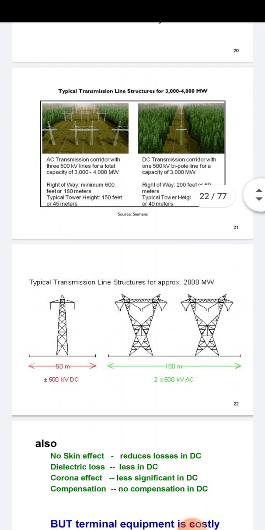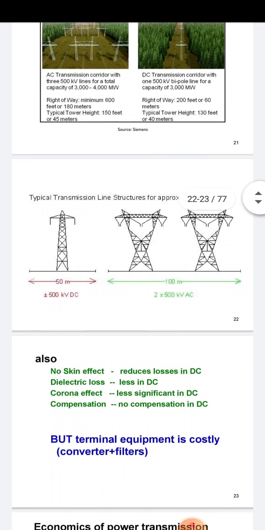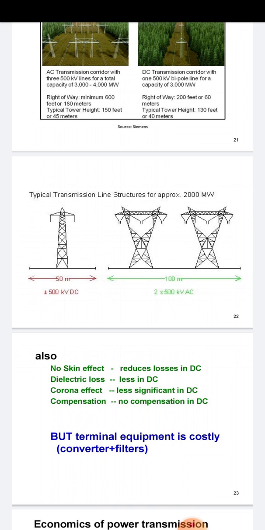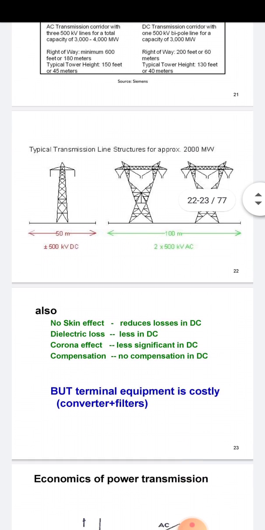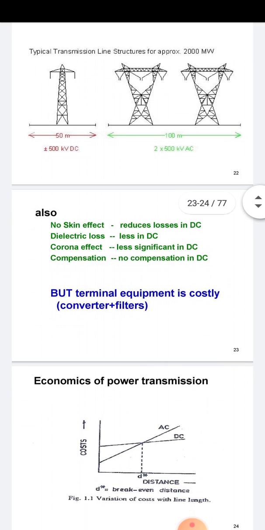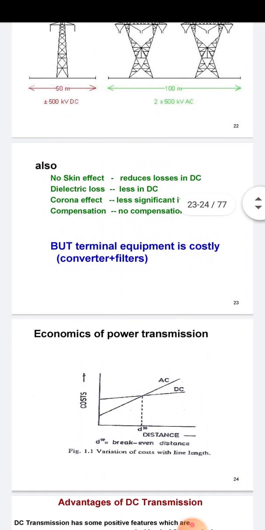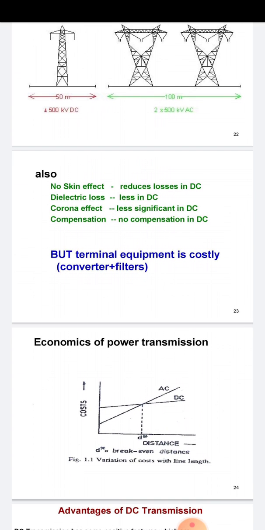This is a typical transmission line structure for 3000 to 4000 megawatts. This is a typical transmission line structure for approximately 2000 megawatts, for DC and AC, HVDC and HVAC. This is also an effect of the DC transmission line. In a DC transmission line there is no skin effect, which otherwise reduces losses in DC.